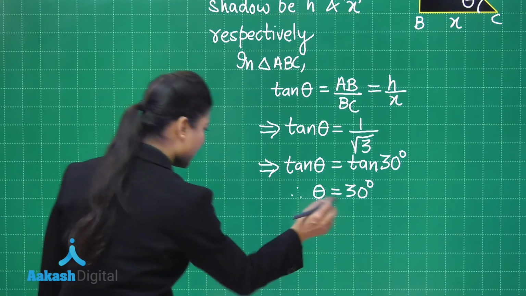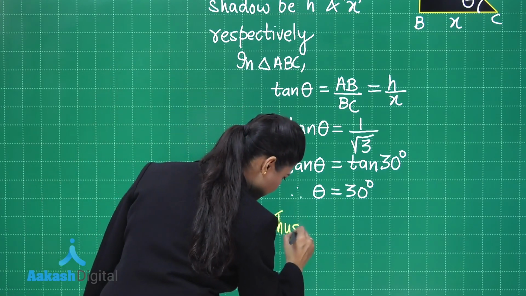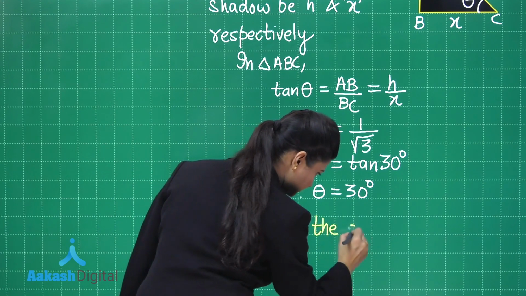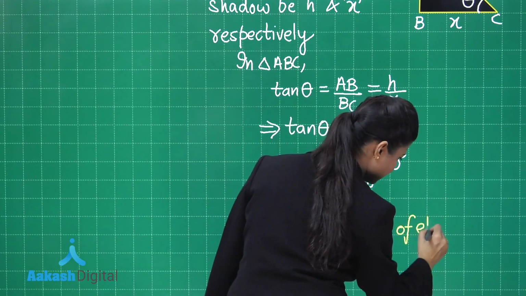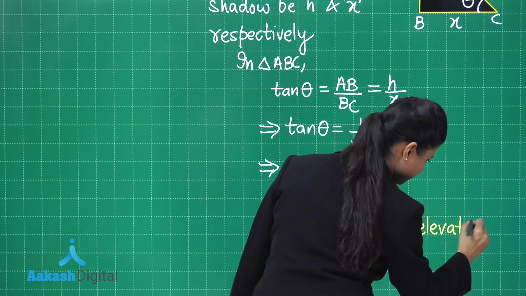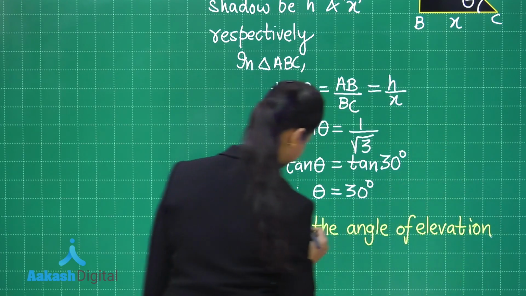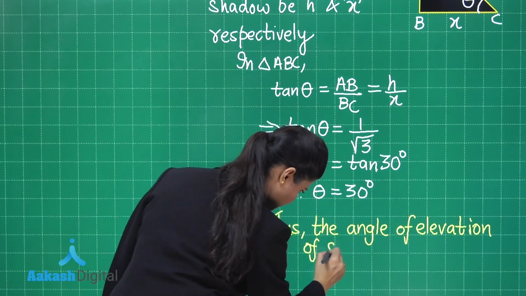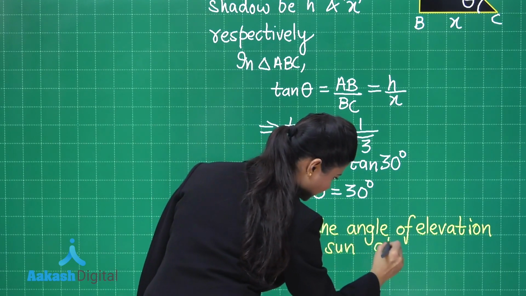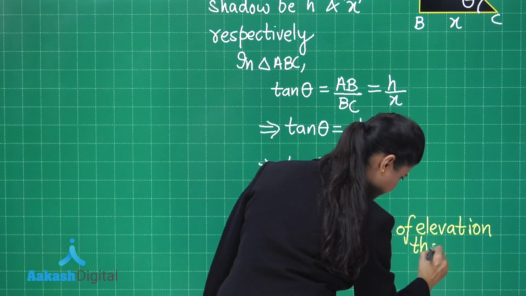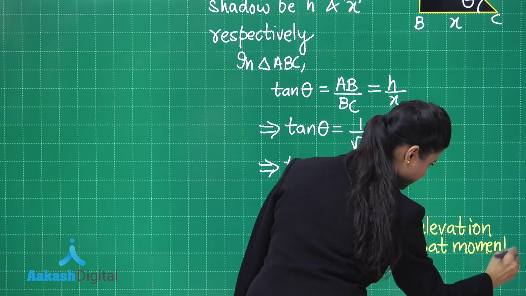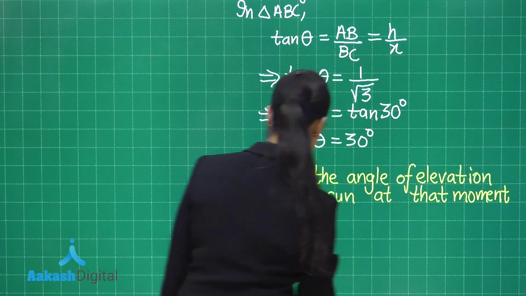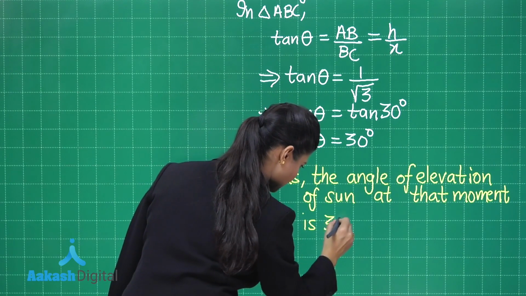So further I need to write, thus the angle of elevation of sun at that moment is 30 degrees.